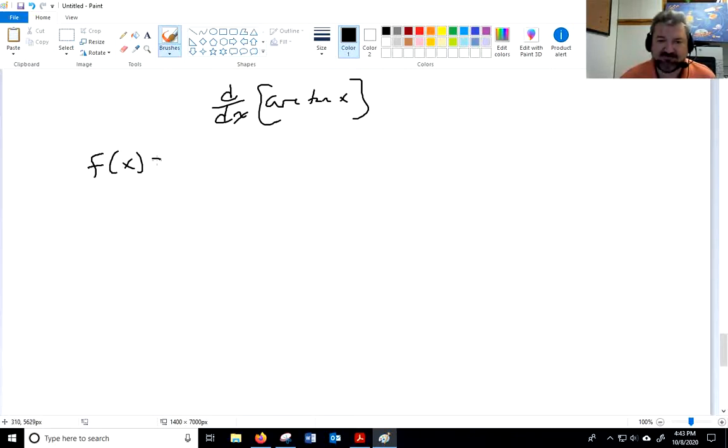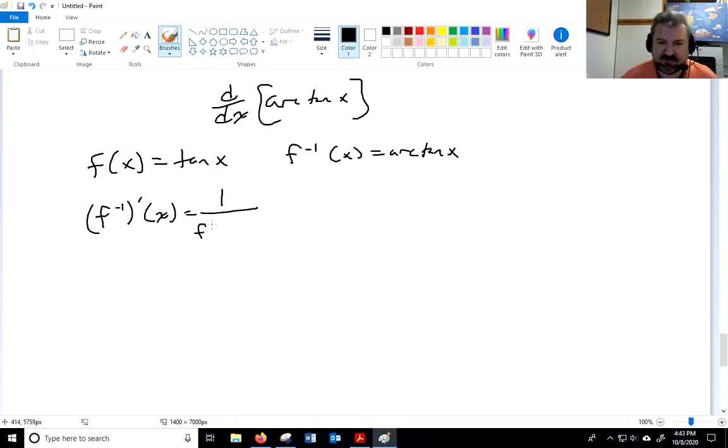All right, I'm going to let f of x be tangent of x so that I can have f inverse of x be arctangent of x. We know that the derivative of an inverse, which we call f inverse prime of x, is equal to 1 over f prime of f inverse of x.